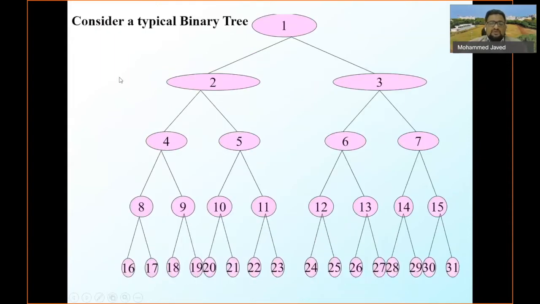So consider a typical binary tree. We have the nodes 1 2 3 4 5 6 7 in the binary tree representation. In this case, the bivalent vertex, which is the root vertex, has degree 2. What about the others?